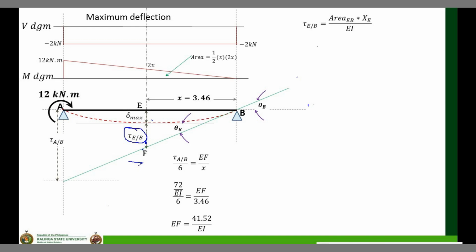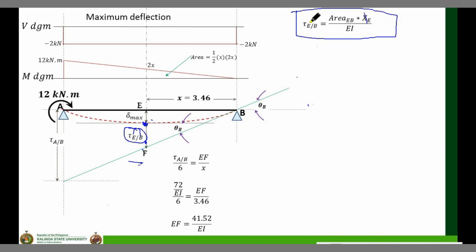Then, I need to get the value of my TEB so I can get the maximum deflection. Again, this equation is from theorem 2. TEB. Again, how did we get this equation? This distance from point E on the elastic curve to the point where the tangent line passed is TEB, which is equal to the area from E to B multiplied by x.